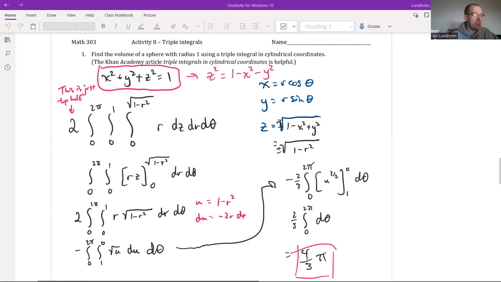So z equals the square root of 1 minus x squared plus y squared is going to be a good equation for that top half bound because we're changing it in the polar and the xy plane. x becomes r cosine theta, y becomes r sine theta. Our volume differential becomes r dz dr d theta.